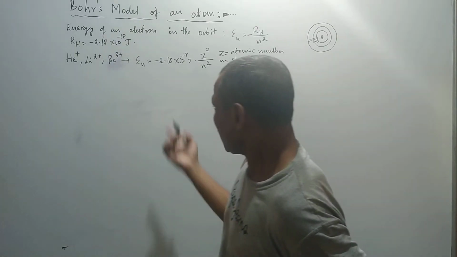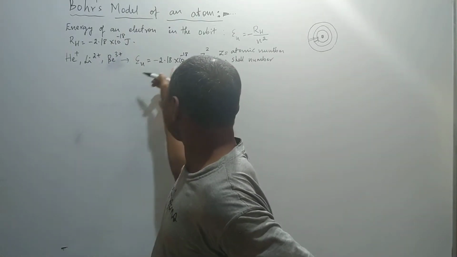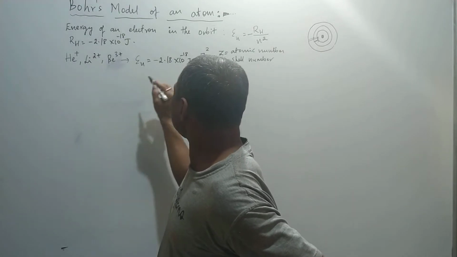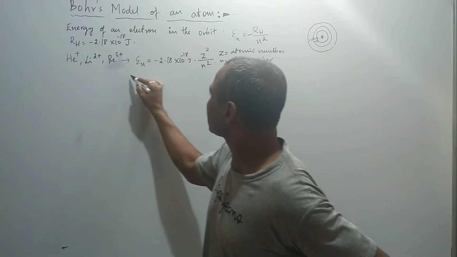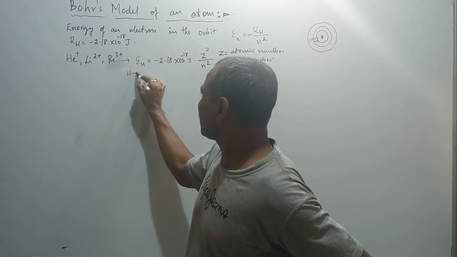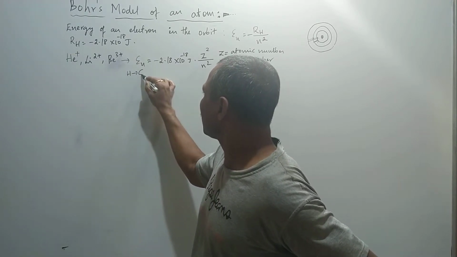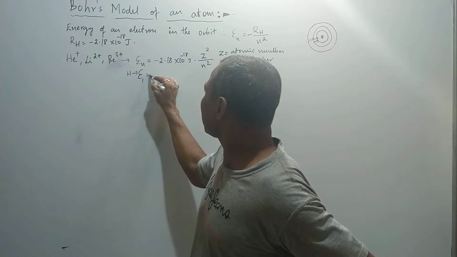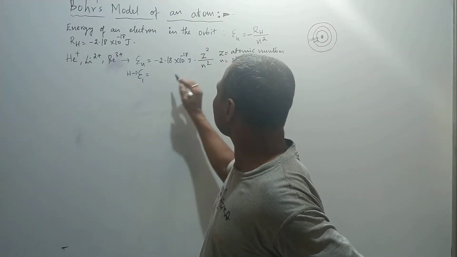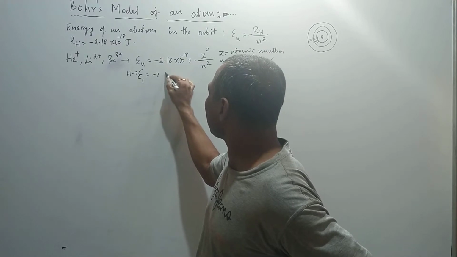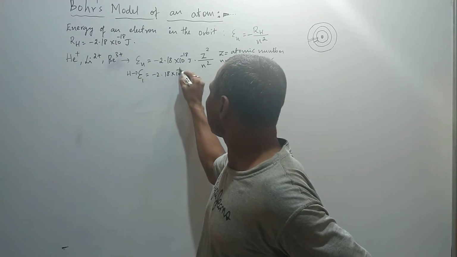So if I consider the same for hydrogen, what happens if I take n is equal to 1? For hydrogen, the atomic number is 1, so the value will become minus 2.18 into 10 to the power minus 18.